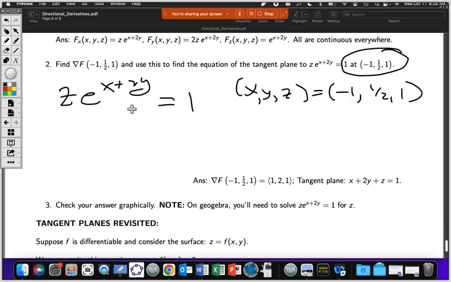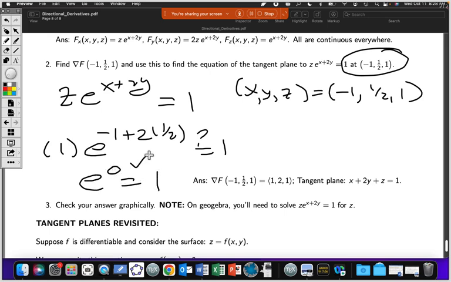If I plug that in, let's see if this even works. Z is 1. E to the x is negative 1 plus 2y. Does that equal 1? Well, sure enough, I get 1 times e to the 0. So that point is on that surface. So that's always good to check to make sure you're looking at a point actually on the surface.